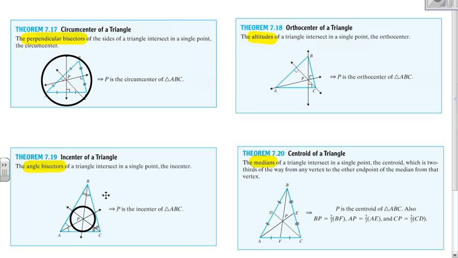You can construct the angle bisectors, if you recall, by stretching your compass out from the vertex, marking off an equal distance on each of the sides of your triangle.